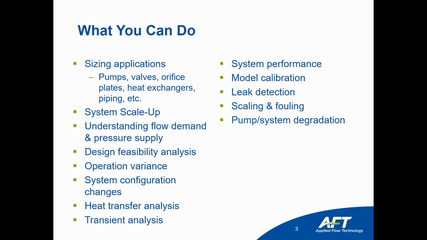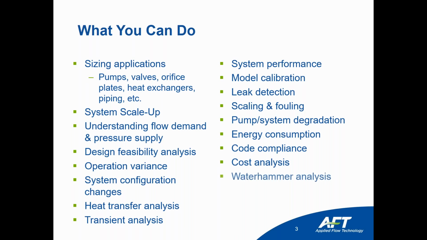If you are pumping a viscous fluid like in AFT Fathom, you can allow your pump performance to be degraded for that. You can easily account for your energy consumption and quantify what that will be. You can make sure that you're staying within your code compliance. You can do full-on cost analysis with AFT Fathom and AFT Arrow. You can do water hammer analysis and handle slurries. So there's a lot of different things that you can achieve with our products.